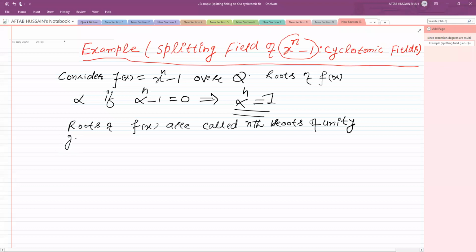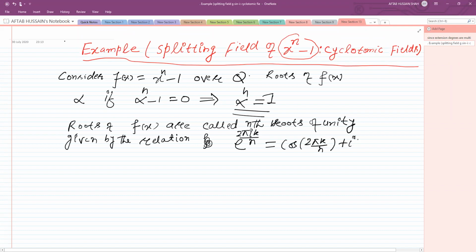Given by the relation e raised to power 2 pi i k by n, which by Euler's formula is cos 2 pi k by n plus i sine 2 pi k by n.